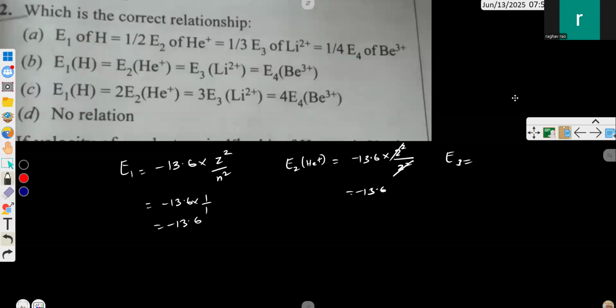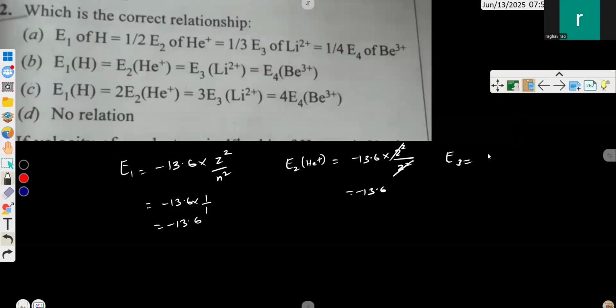E3 of lithium is minus 13.6 into 3 square by 3 square. 3 square gets cancelled, minus 13.6. Then E4 of beryllium, minus 13.6 into 4 square by 4 square. This also cancels out, so it is minus 13.6.